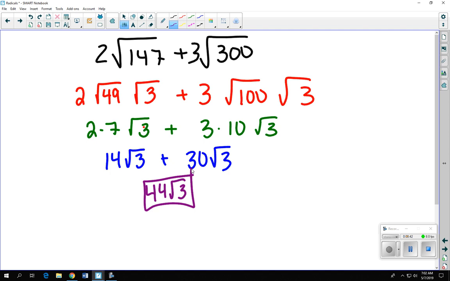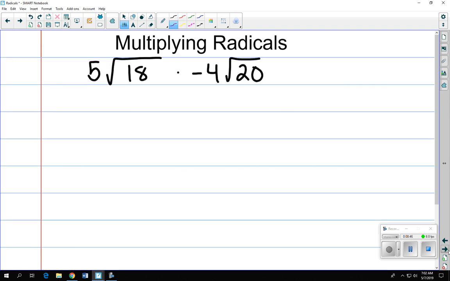Now, there is a difference when we start multiplying radicals, because I do not need a common number underneath the radical. I'm just going to multiply the outside and then multiply the inside. So to start off, 5 times 4 will give me negative 20. Square root of 18 times 20, which will give me 360.